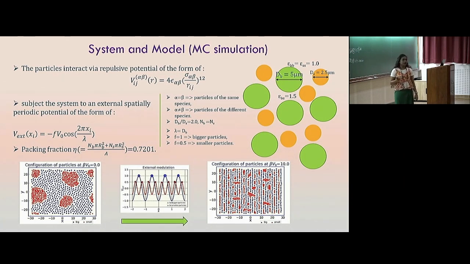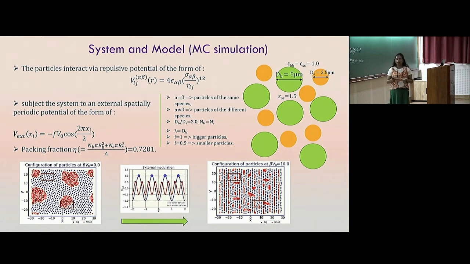So we associate an order parameter with the phenomenon. How do we define an order parameter? We consider a rectangular box anywhere in the system, and we calculate the difference between the numbers of bigger particles and smaller particles within that box.